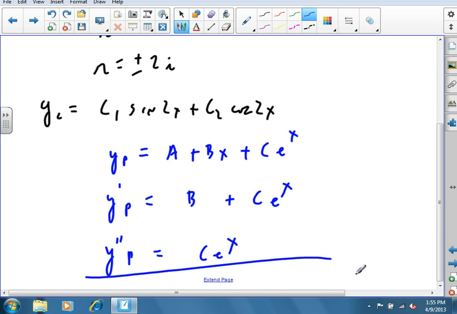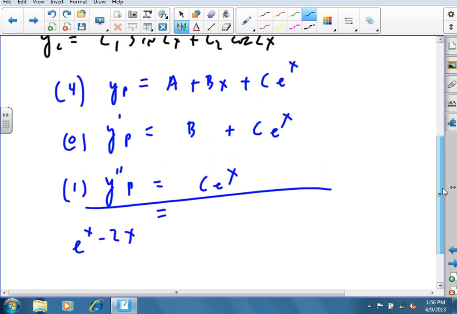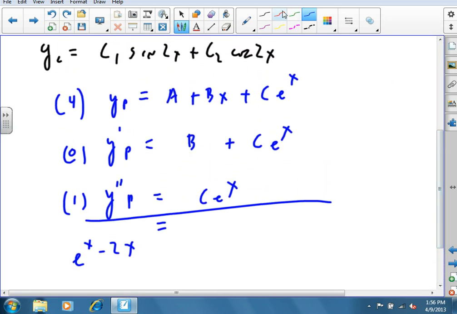Okay, and this is number 10, so I want one of these, 0 of them, 4 of those. Normally I don't put the 0 down. And when I get done, I want e to the x minus 2x. Okay, well, I've got 4 plus 1 is 5. Oh, how did I hose myself over?